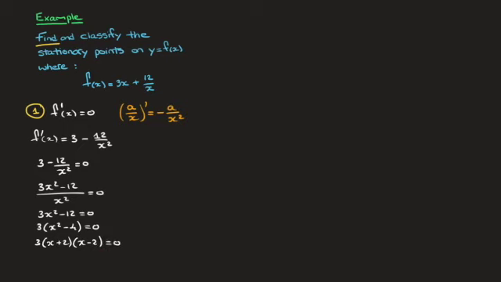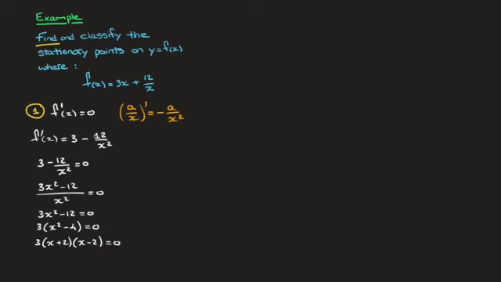So either 3 equals 0, which isn't possible, or x plus 2 equals 0, which would lead to x equals -2. And of course the other possibility is if x minus 2 equals 0, which will lead to x equals 2. And so these two values of x are the solutions to f dash of x equals 0. And they're the x-coordinates of this function's stationary points, which you may remember are the same coordinates as on the curve we had seen at the beginning.